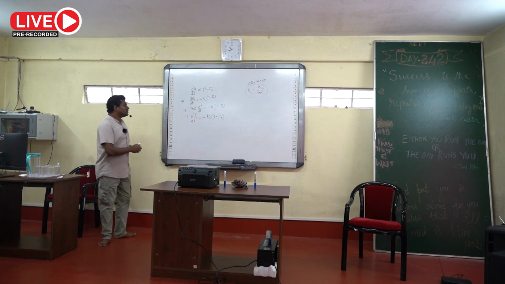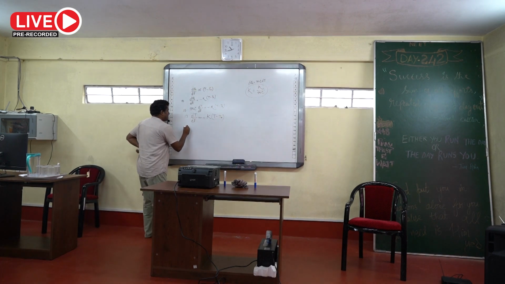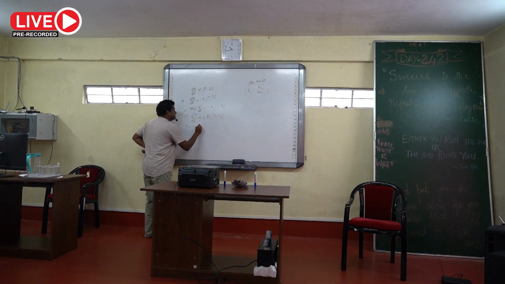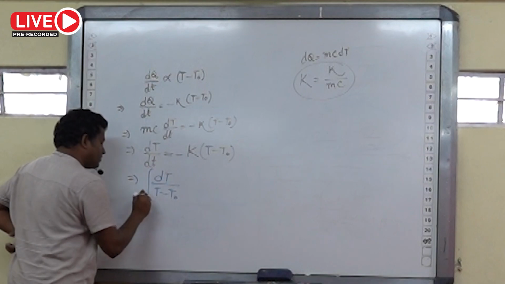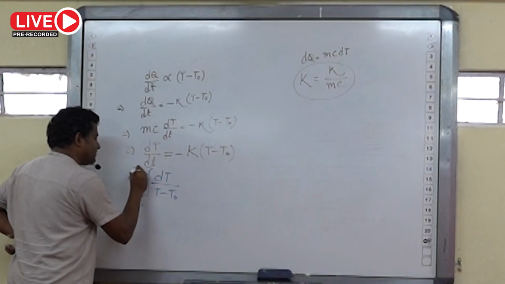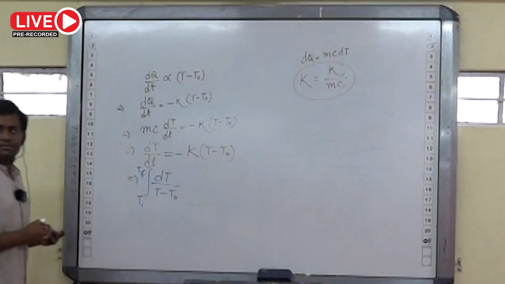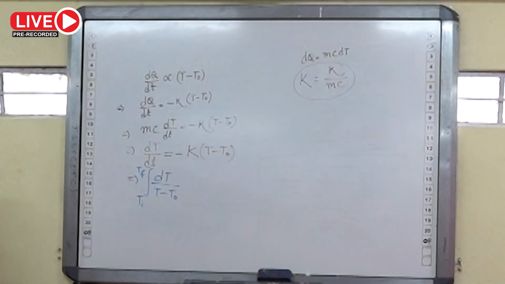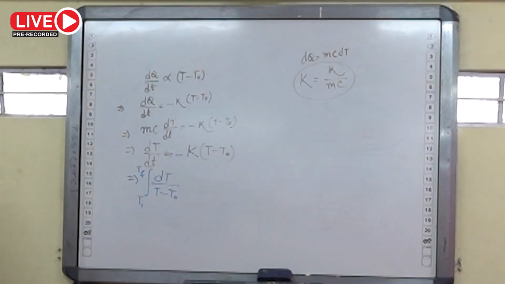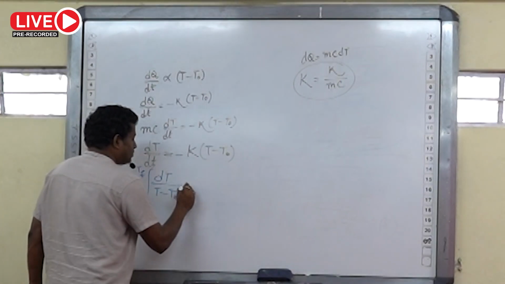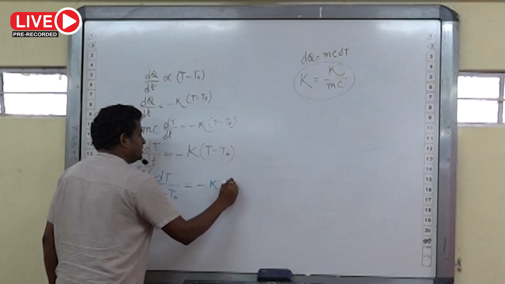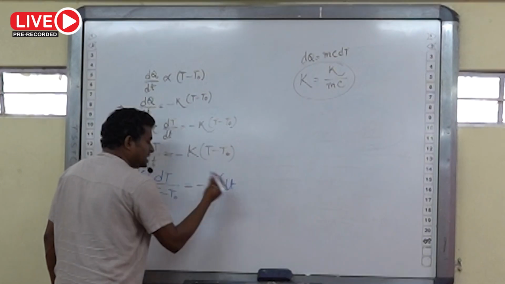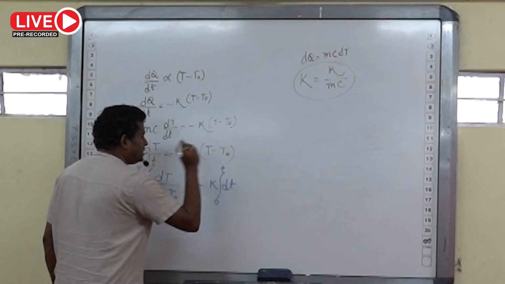For that I can write this as dT by T minus T naught integrated from Ti to Tf, that is initial temperature to final temperature, equal to minus k into dt integrated from initial time to final time, means 0 to t.